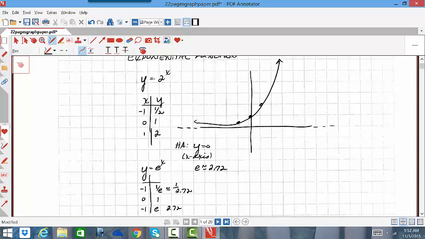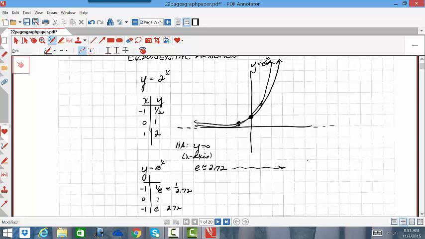So if you graphed it, it would be just a little bit under the graph on the left, stay the same at the y-intercept, and be a little bit above it on the right. So in general, they're almost the same. Your graph of y equaling e to the x is very similar to 2 to the x.